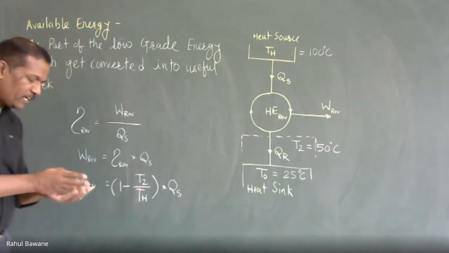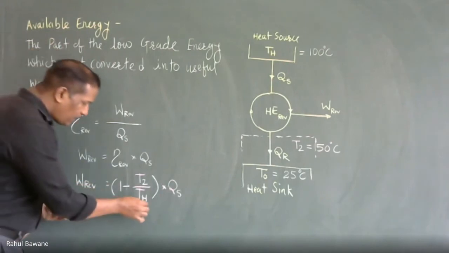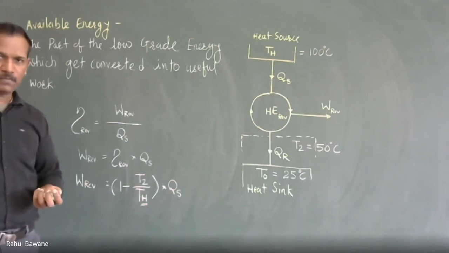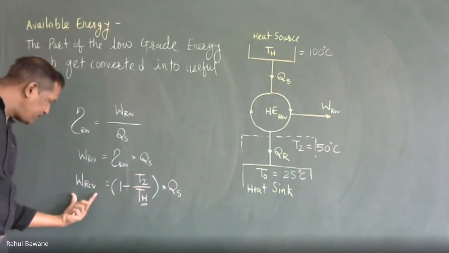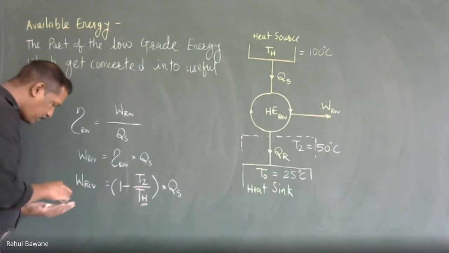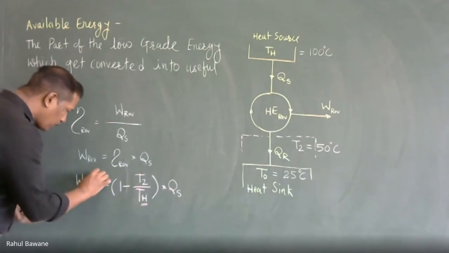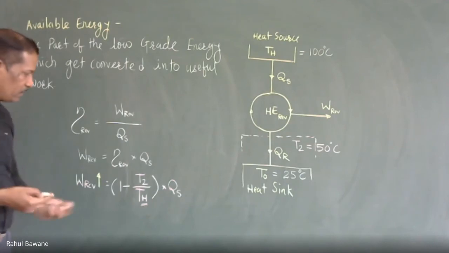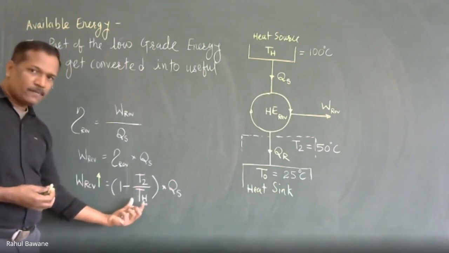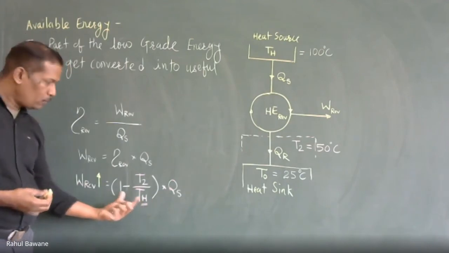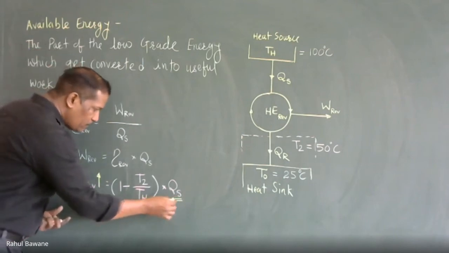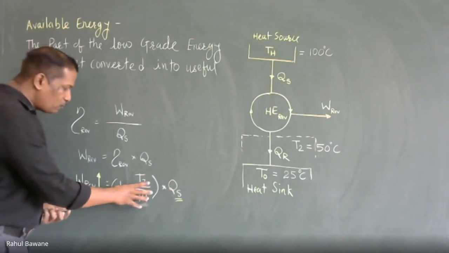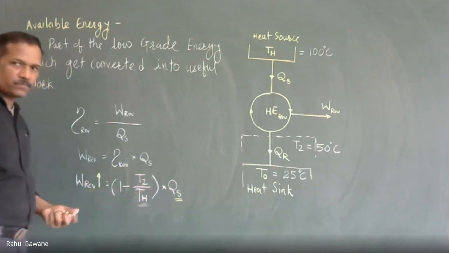Now, TH is fixed. I can't change it. But if it is possible to increase the work, what is the possibility? No doubt this is a fixed amount, so I have to reduce this.